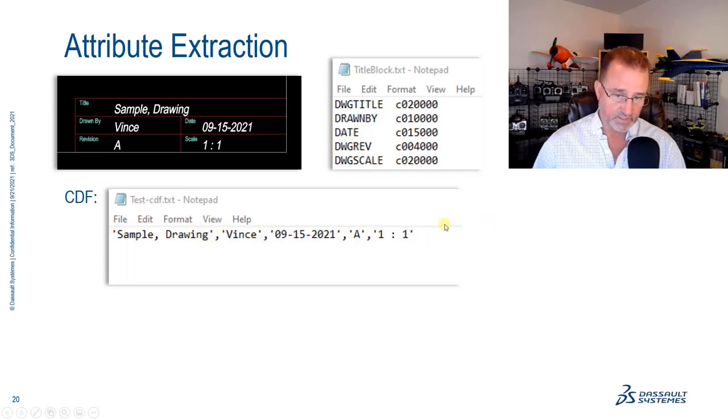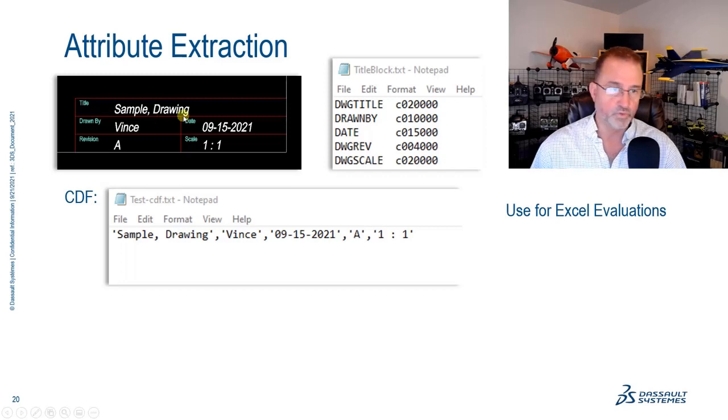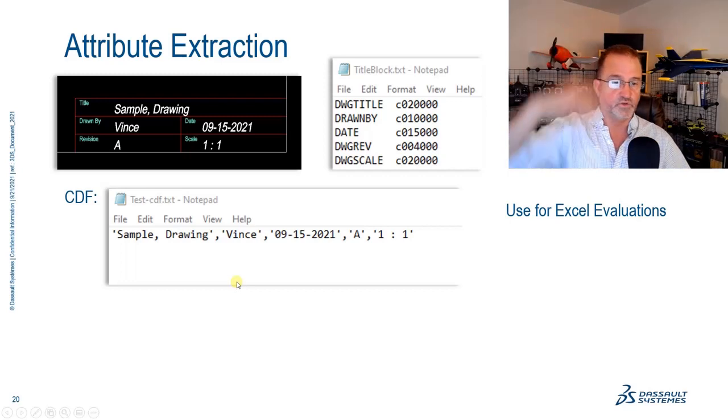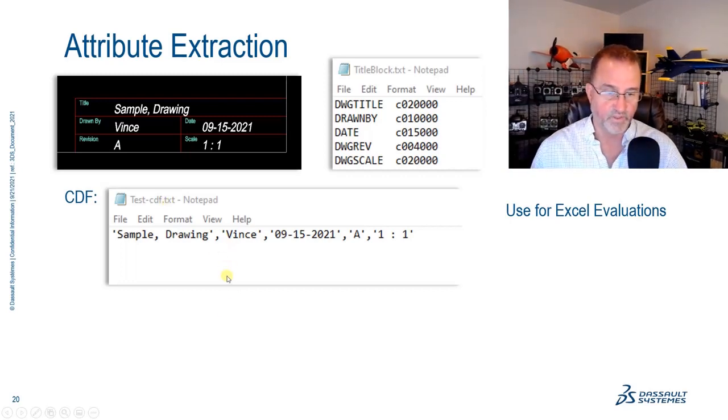So I can easily import this information into Excel. Now, if I were to extract 1,000 blocks that have data in them, and I use the comma delimited format, every block will be in its own individual line, and they'll just continue to go through that text file with every single one listed in that sequence.